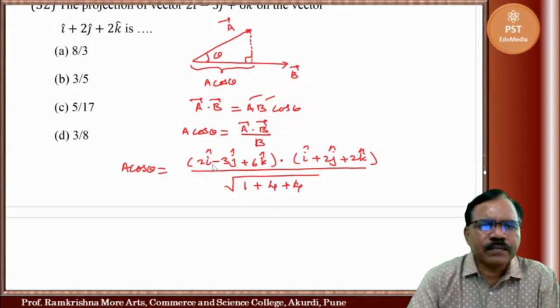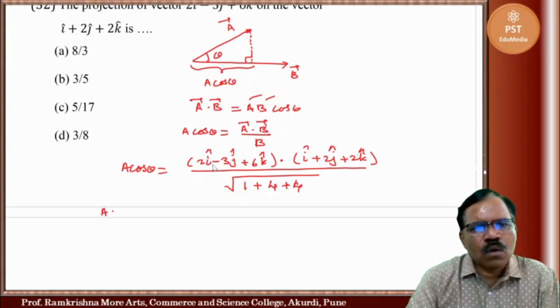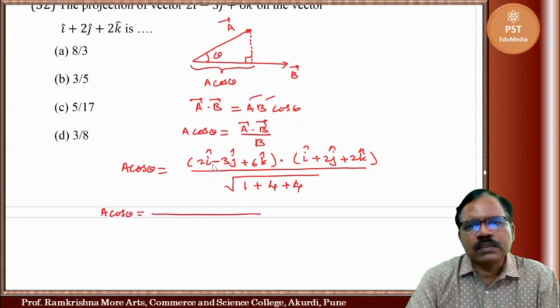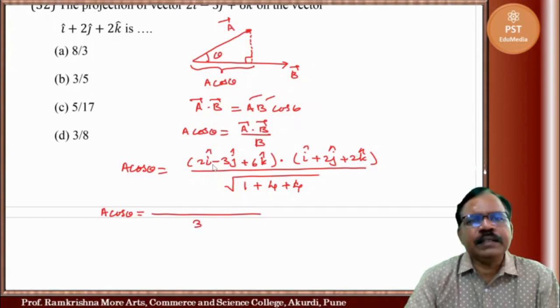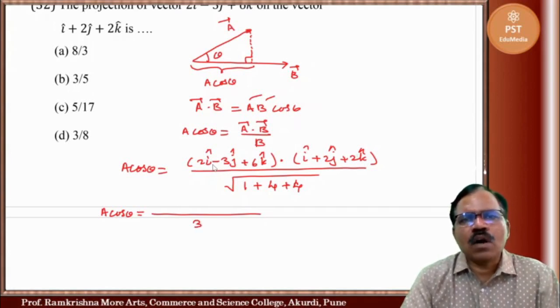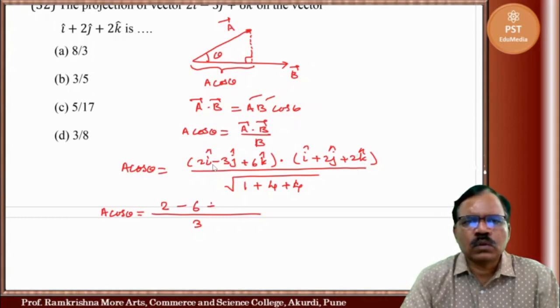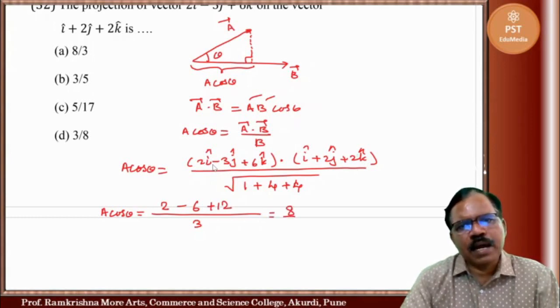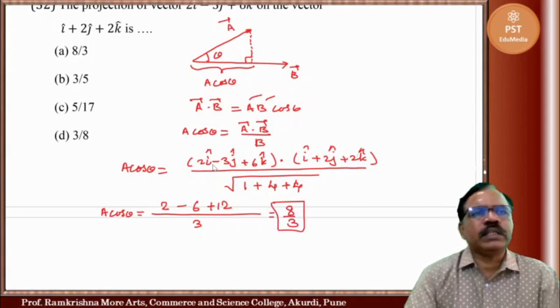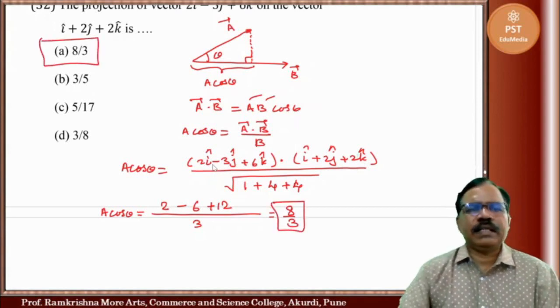So we get here a cos θ is equal to, now this is root of 9, so you will get 3. Now 2i dot i, that is 2, minus 3j dot 2j, that is minus 6, plus 6k dot 2k, that is 12. So we get here 8 by 3. So this is projection 8 by 3.